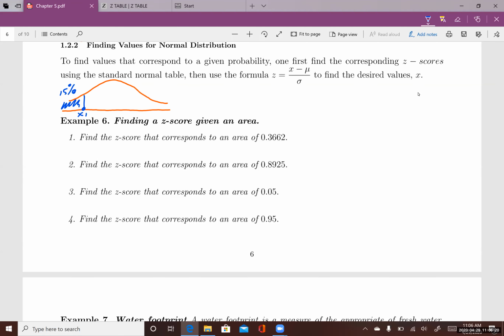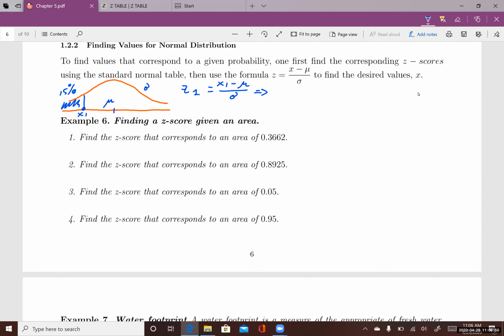So using the z table, the standard normal table, and the probabilities here, you can find the z-score, z1, using the table. And once you have z1, you can find x1 using the formula that helps you find z1, which is x1 minus mu divided by sigma. In this case, I know z1, I know mu, I know sigma.